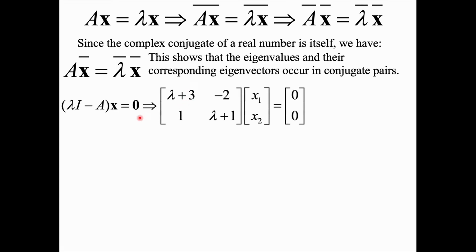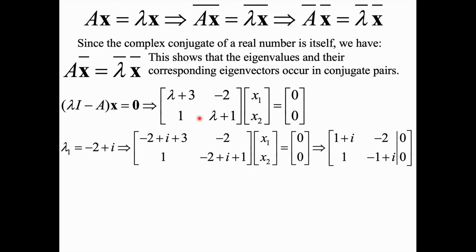So let's actually do that. Here's the structure, once again, of the characteristic equation applied to a linear homogeneous system. And now as we substitute our eigenvalues, what's going to happen? Let's take the first one, lambda 1 equals negative 2 plus i. That's our first eigenvalue. If we substitute that in our structure here, we will get this matrix.